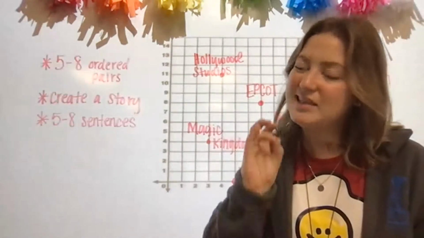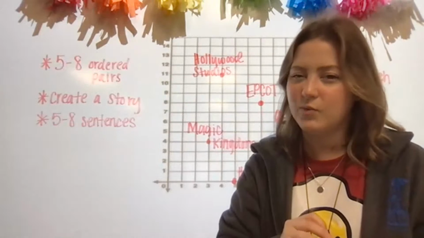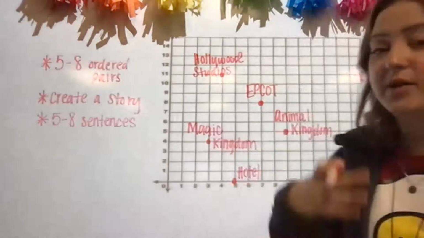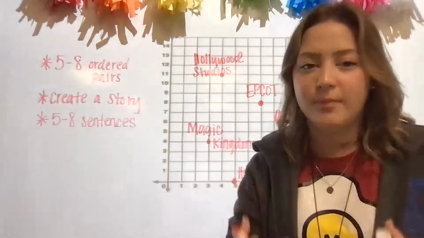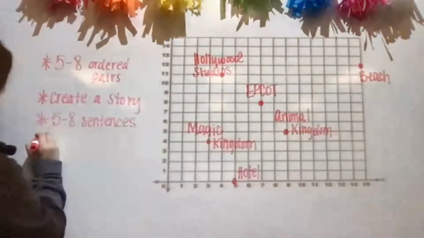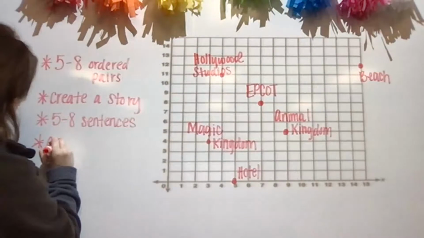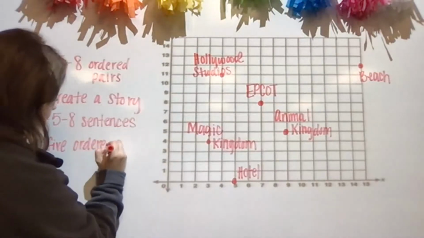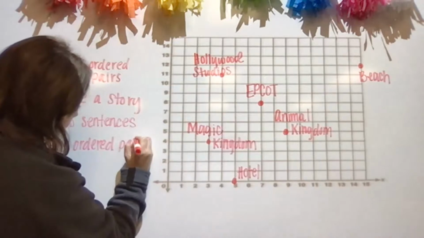That's not what I want. That's a little too easy, okay? So you're going to tell me your story, but you're also going to give me the actual ordered pair. Not just the name, the actual number.